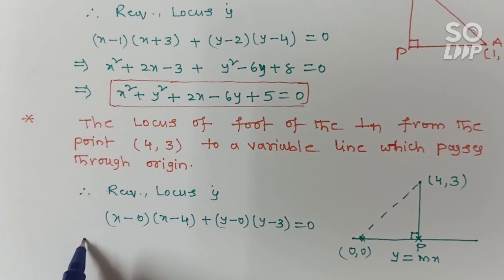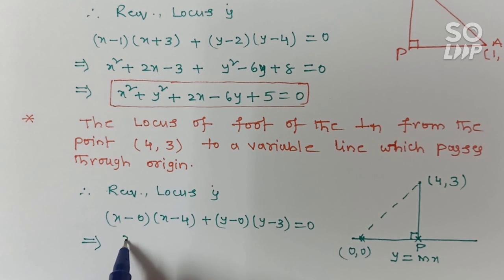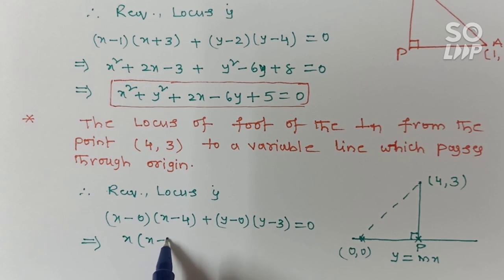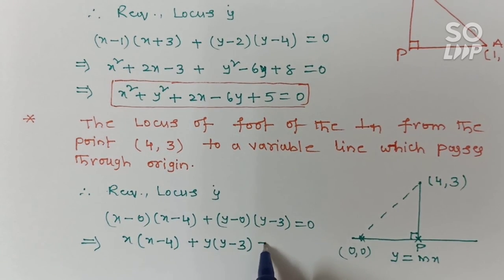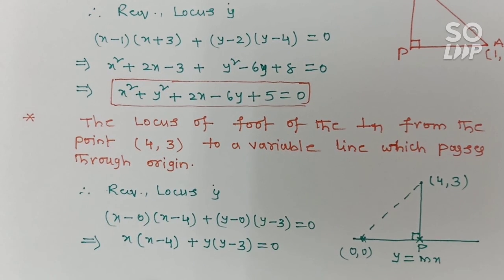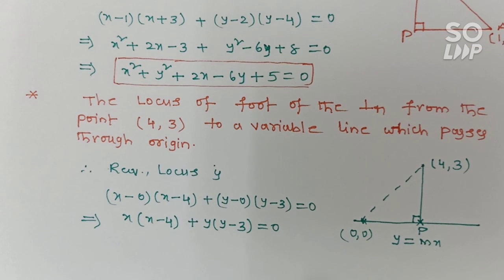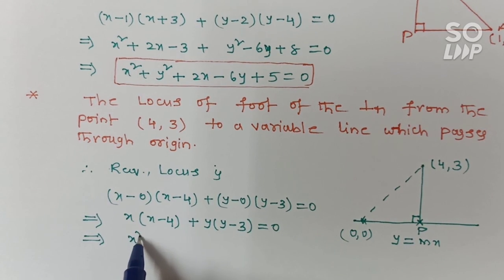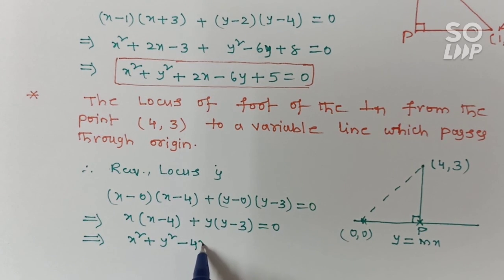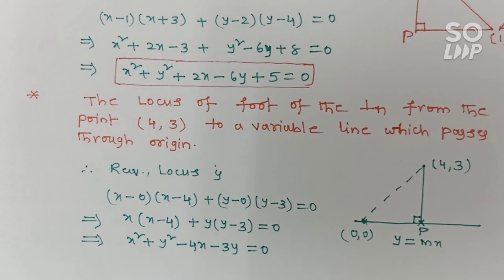Simplifying, x into (x minus 4) plus y into (y minus 3) is equal to 0, that implies x square plus y square minus 4x minus 3y is equal to 0. This is the required locus.